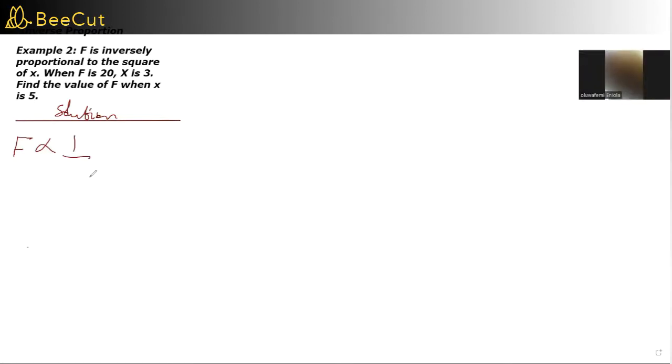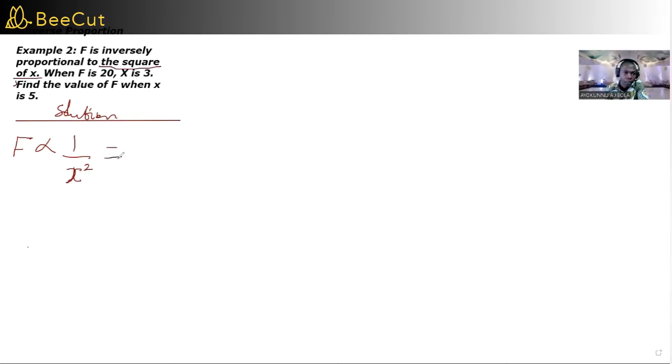Eniola, what do you suppose I write? F is inversely proportional to x squared. Very good, x squared. Isaiah, do you hear that? Because you have to follow the question, square of x.